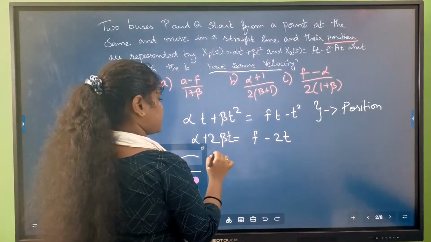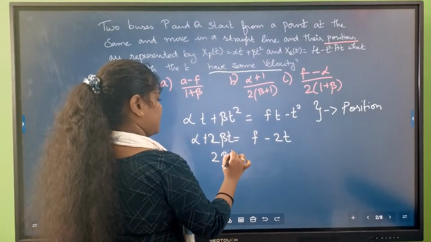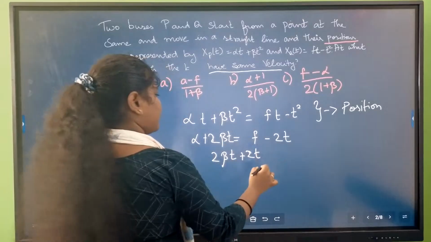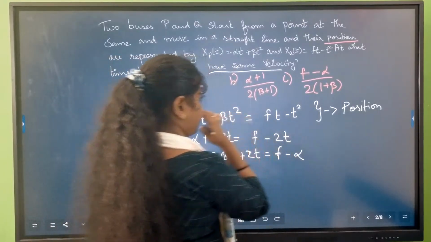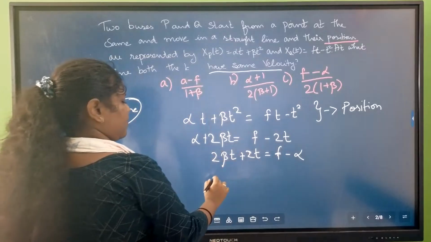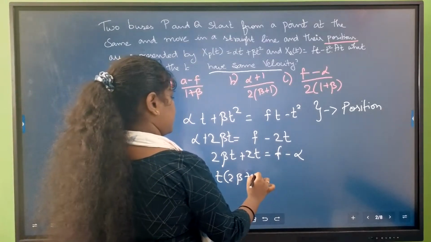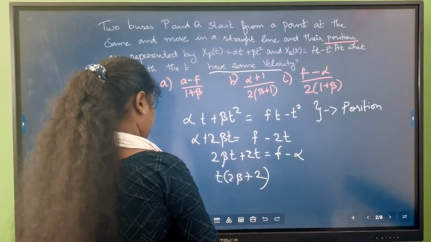So let's solve this. Bring time to one side. So it will be 2 beta t plus 2t equal to f minus alpha. Okay? See, if you take t as common, you will have 2 beta plus 2. Am I right? So you can take 2 also as common.